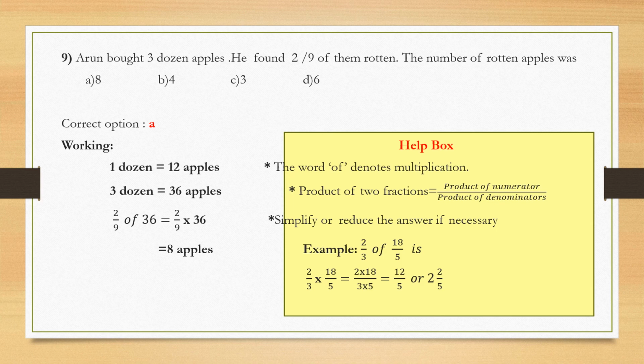So out of 36 apples, how many apples he found to be rotten? 2/9. So what is 2/9 of 36? We'll solve that. 2 upon 9 into 36. Okay, you can simplify. 9 ones are 9 and 9 fours are 36. So 2 fours are 8. He found 8 apples to be rotten.